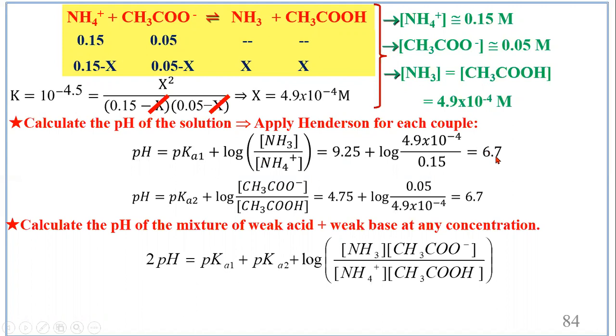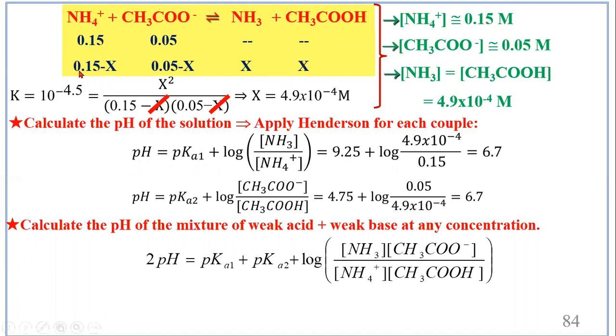And remember, in my previous recording, I said that if the concentration of the acid and the base was the same, and the concentration of the products are the same, then simply we use pH equals half pKa1 plus pKa2. That was in my previous recording.